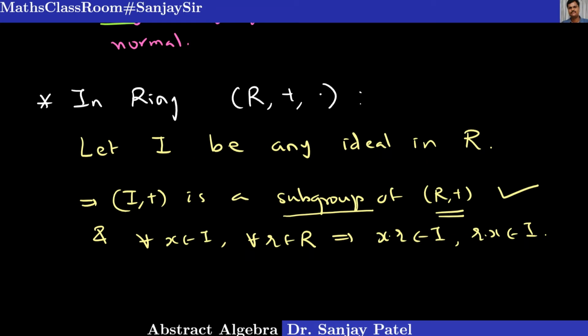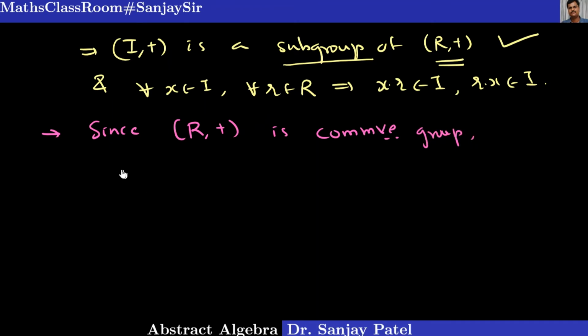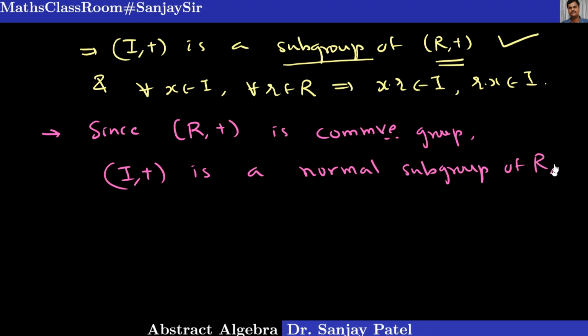So I can write an important conclusion from this discussion. Since R plus is a commutative group, the subgroup I plus is a normal subgroup of R plus. What is the meaning of this?